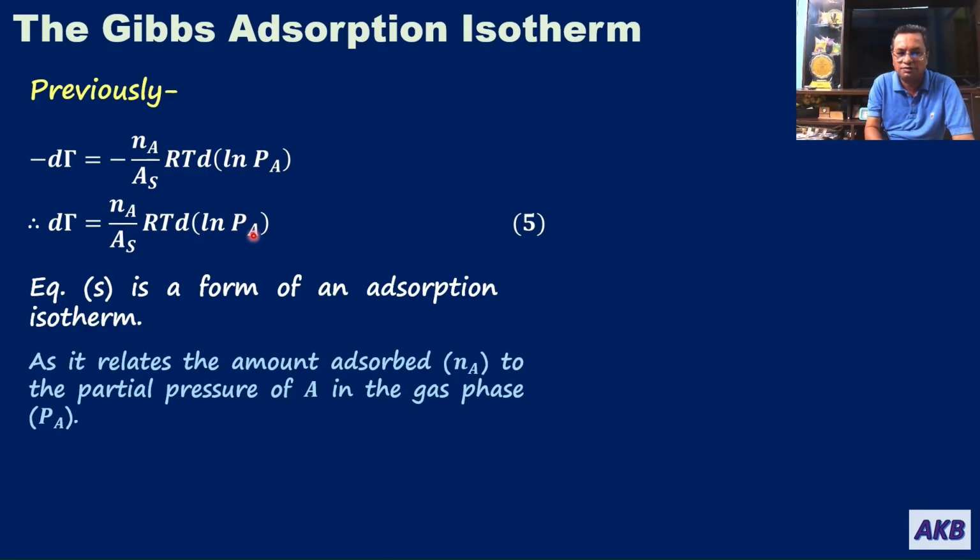What is Na? This is moles of A that have been adsorbed on the surface of the adsorbent. So it is a form of an adsorption isotherm, and this adsorption isotherm is nothing but the Gibbs adsorption isotherm.